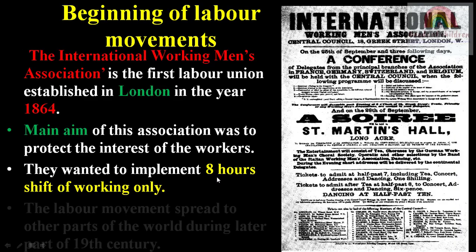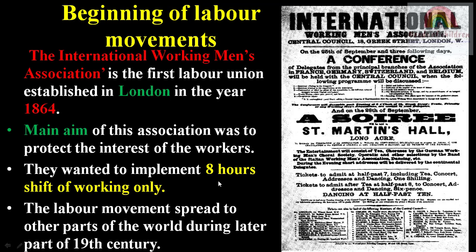The International Working Men's Association is the first labor union, established in London in the year 1864. Here you can see the picture of the International Working Men's Association. The main aim of this association was to protect the interest of the workers. They wanted to implement an 8 hour working shift only.